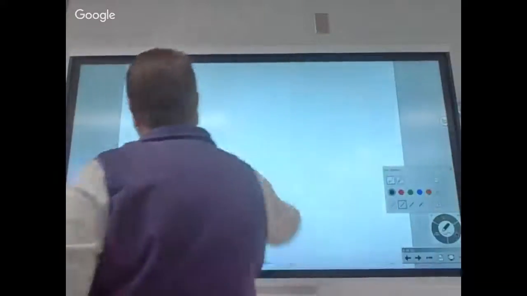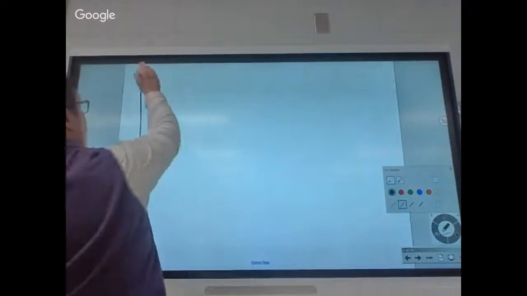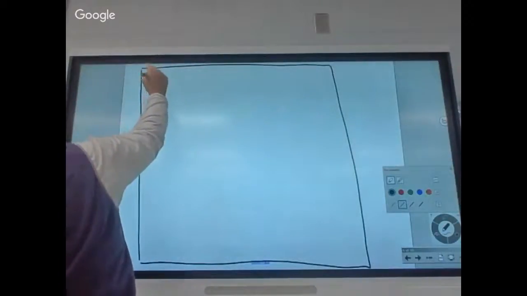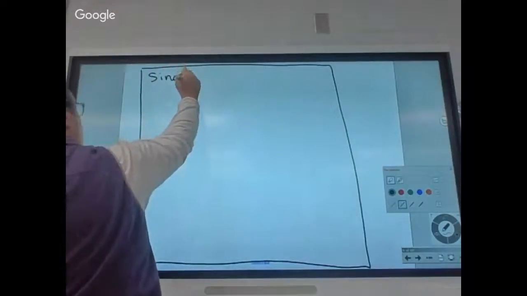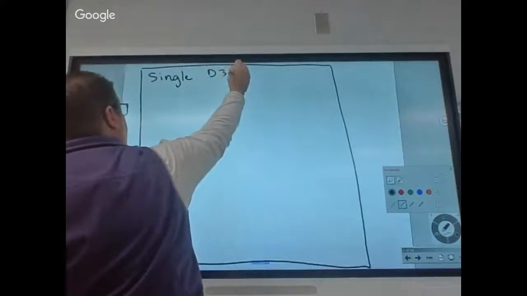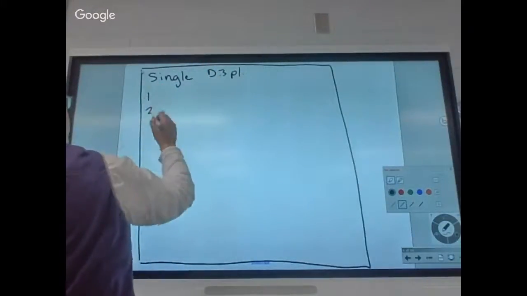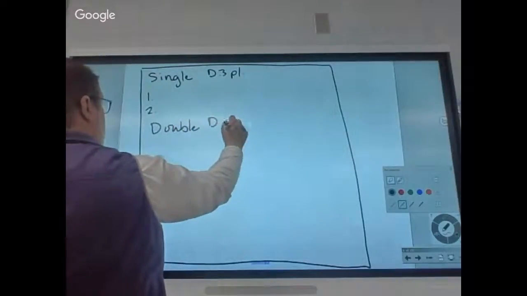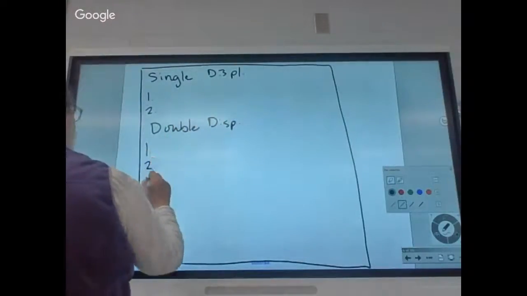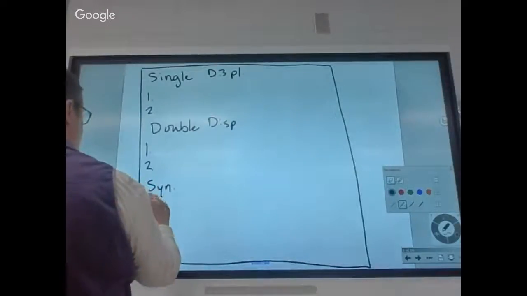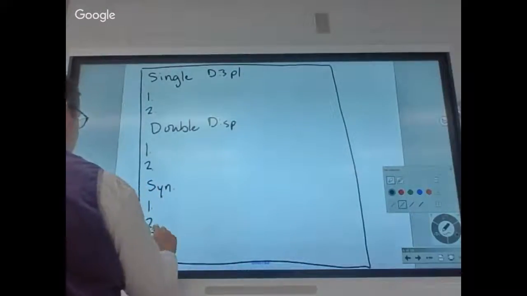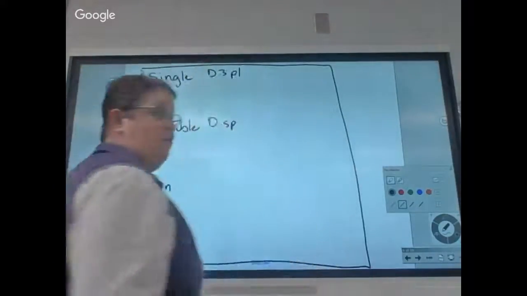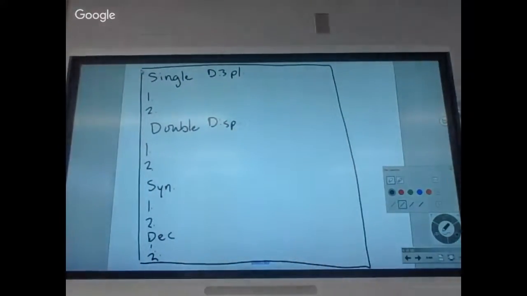You're going to have to create on your piece of construction paper: single displacement, 2 examples; double displacement, 2 examples; synthesis, 2 examples; and decomposition, 2 examples. Okay? Everybody with me so far? So you're going to do 8 examples, 2 of each.